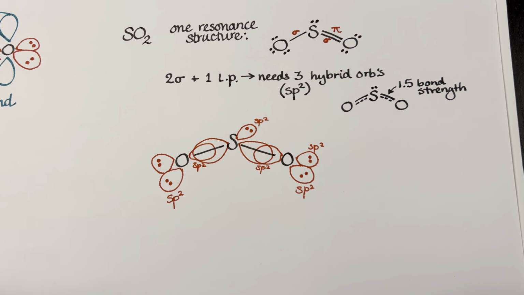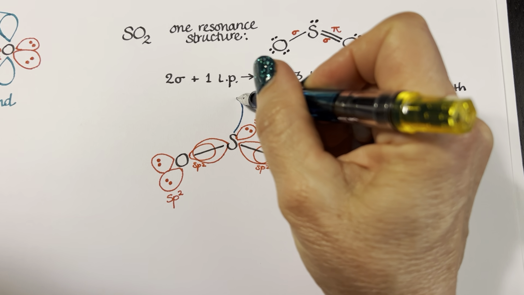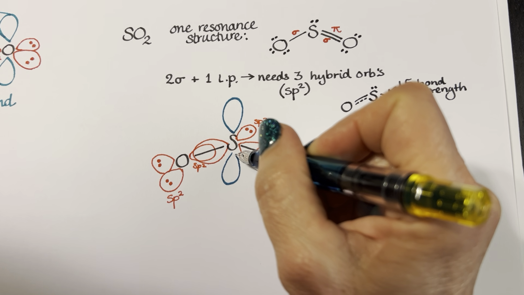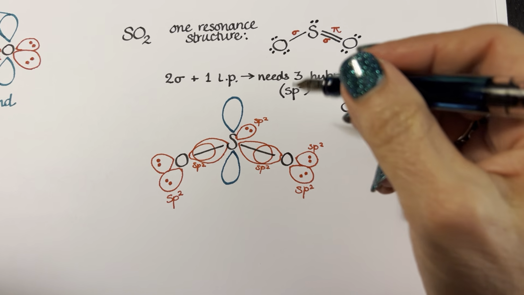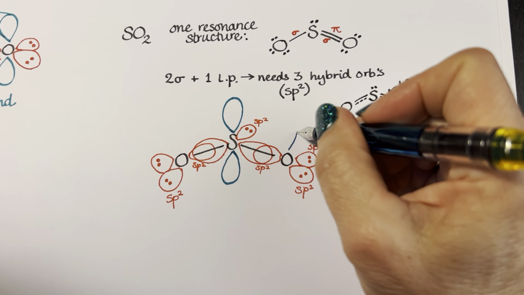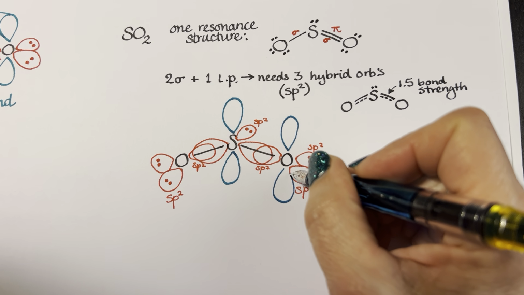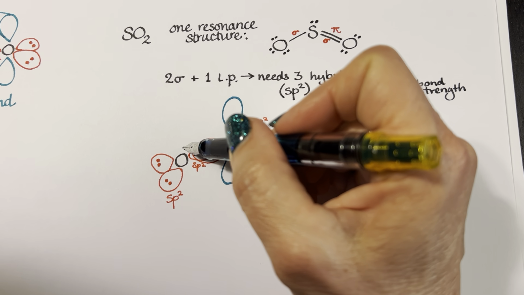And then we have the unhybridized p orbitals. So this sulfur has this unhybridized p orbital, right? So it had sp2 and then one p orbital. This oxygen did the same. But you know what? This oxygen did the same as well.